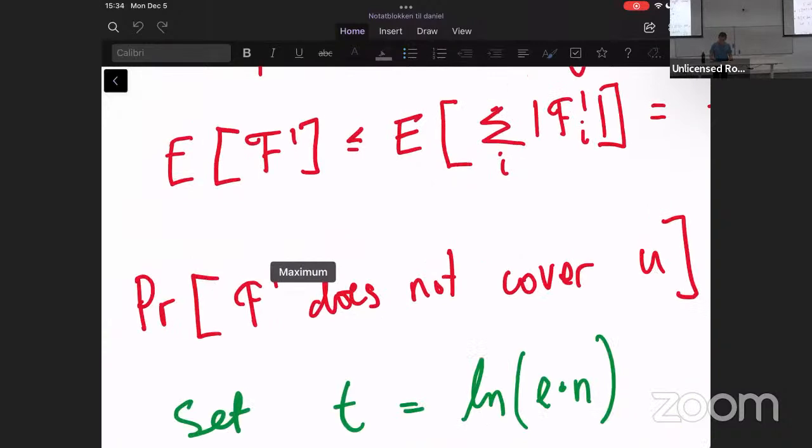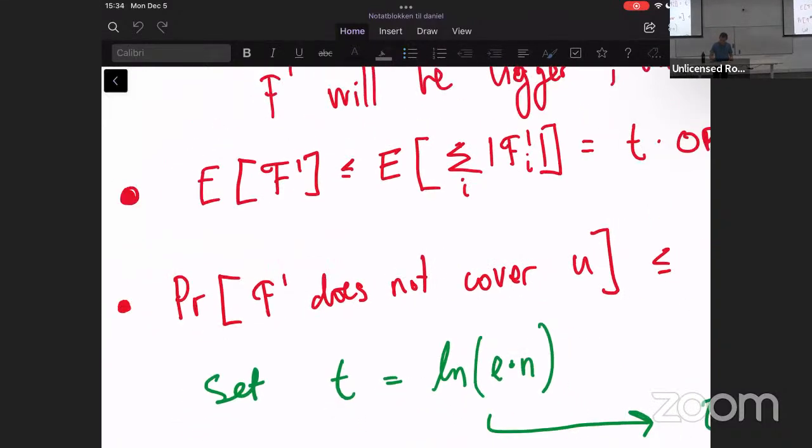Now here's the interesting thing. If I take a fixed element u, what's the probability that my big F prime doesn't cover u? The first family that I pick shouldn't cover it, the second family shouldn't cover it, the third one too. The first one didn't cover it with probability 1 over e, the second with 1 over e, the third with 1 over e, and this all happens independently of each other.